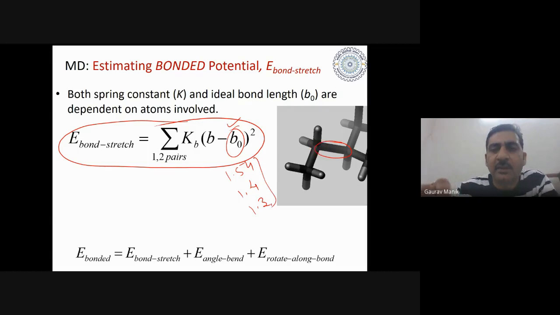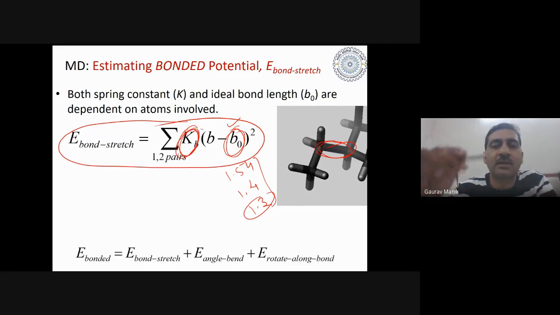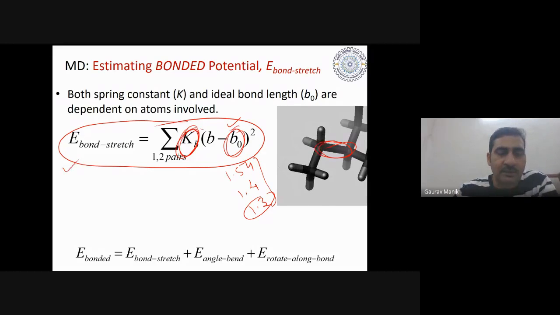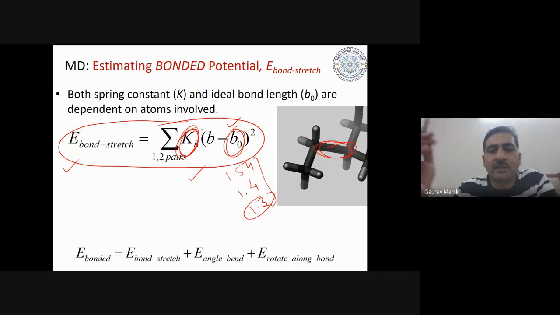So depending upon what bond we are talking about, this B0 can take that form, and this KB constant will also accordingly take that form. Because, for instance, in the case of a triple bond, it's very difficult to move the bond, so K values will be very high. So this is what we refer to as the bond stretch, and this is a harmonic kind of potential which people very frequently use to represent the bond stretch potential.